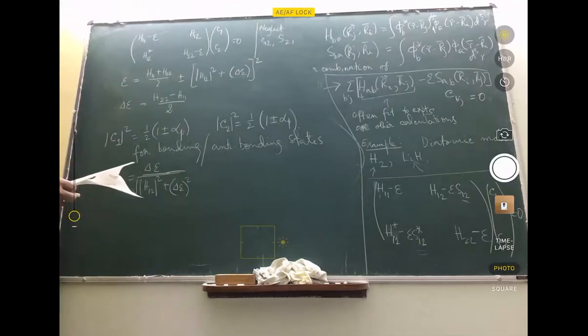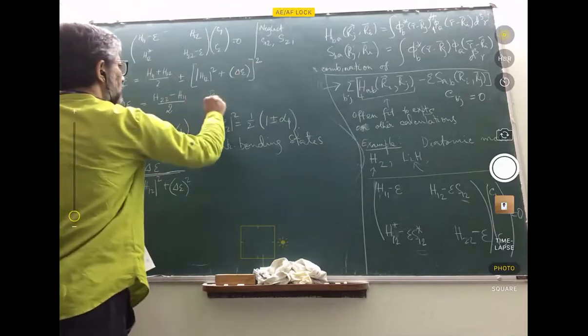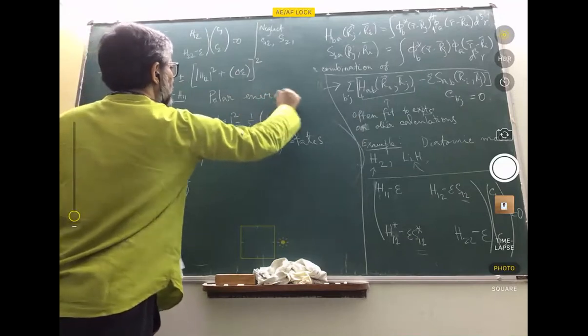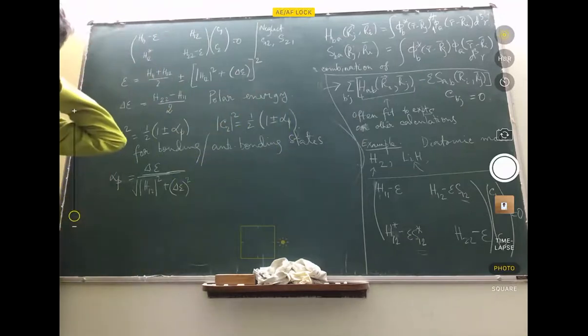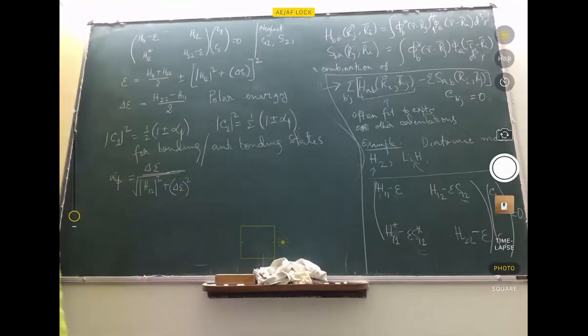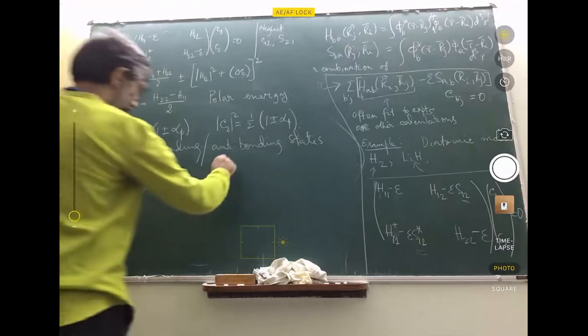So delta epsilon is called polar energy. As you can imagine, if delta epsilon is not 0, you have bond polarity. If delta epsilon is 0, it's just a covalent bond with no polarity. You get two different solutions, bonding and anti-bonding states. Alpha P, related to delta epsilon, is called bond polarity.